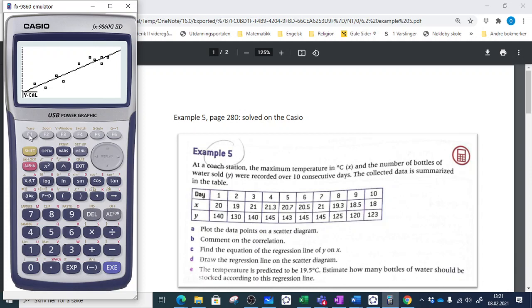And if we press Y-Cal, we are asked for an X value. We can put that in, 19.5. So if the temperature is 19.5 degrees, we can expect to sell 132 bottles.